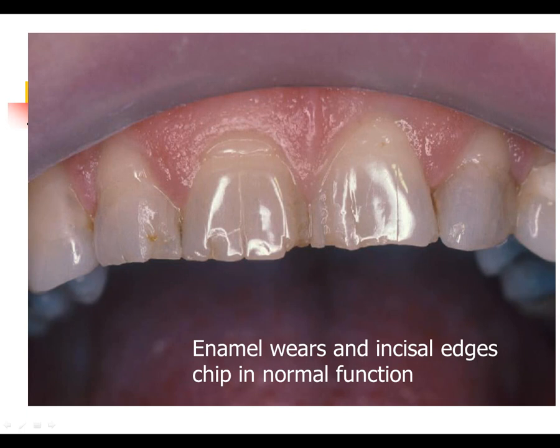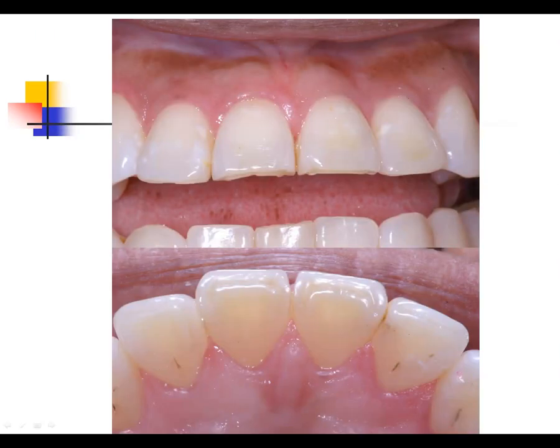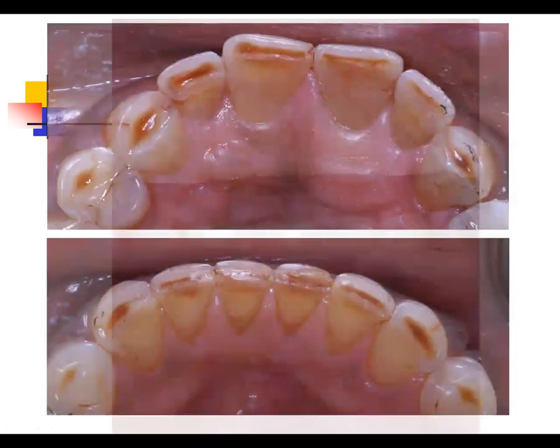Initially we may smooth it out with discs, but after several years the teeth are getting shorter and the lesion is progressing. In some cases we can smooth it, and here we see an initial lesion of loss of enamel where we've not yet reached the dentin on the lateral incisors, but we're just barely into the dentin on the maxillary incisors.